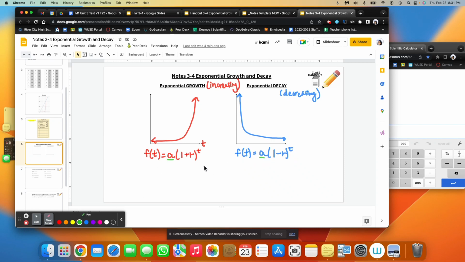So just to make sure we know what certain letters mean, when we say a, that is our initial amount. When we say r, that represents the rate of growth or decay, which in these situations is going to be given to us as a percent.